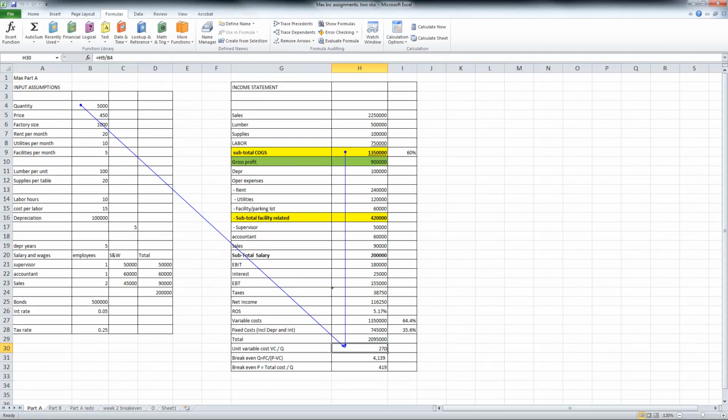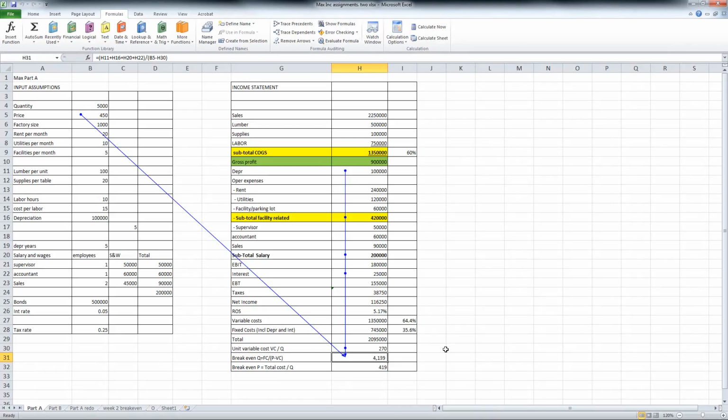And the formula, as you have heard on the different recording for break even, is that you're basically taking your fixed cost and dividing it by the difference between the price and unit variable cost. So if I look at the formulas, you'll see we have all these fixed costs coming in here, and you got the price coming from there and the variable cost coming from there, and that'll give you the break-even quantity.